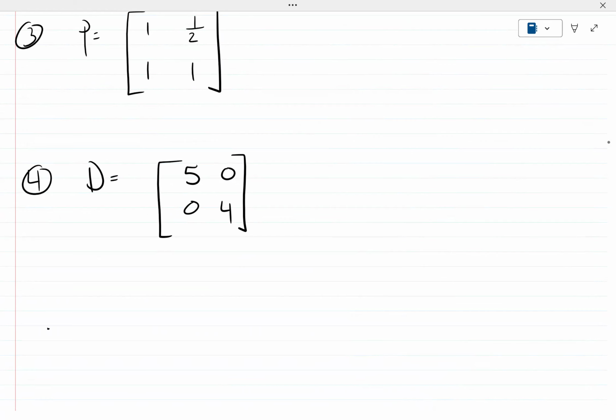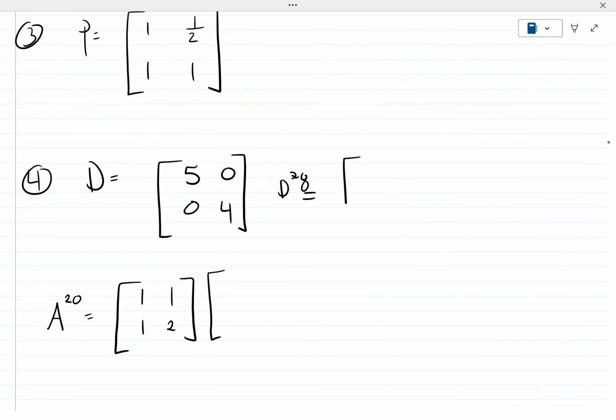Okay, so it's going to be A^20 equals, my P was 1, 1, 1, 2. My D^20 is basically, just raise it to the 20. So what's 5 raised to the 20? I guess you could say 5^20.